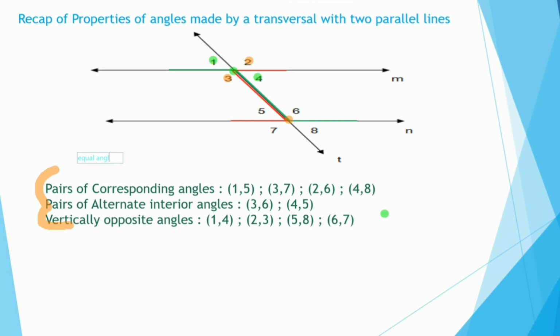So these pair of angles are equal to each other. So corresponding angles are equal to each other. Then we have alternate interior angles equal to each other. So same way we have these angles equal to each other. Vertically opposite angles also equal to each other.